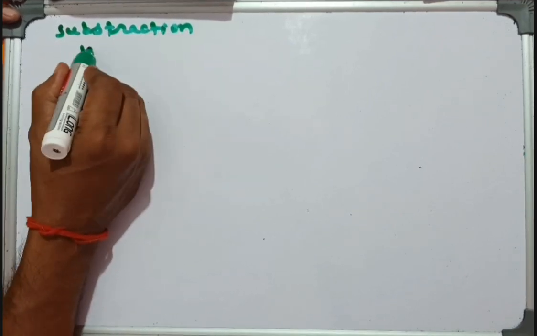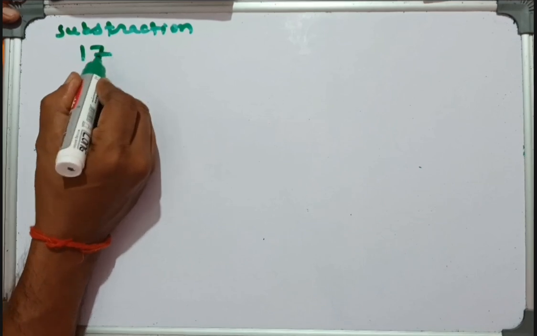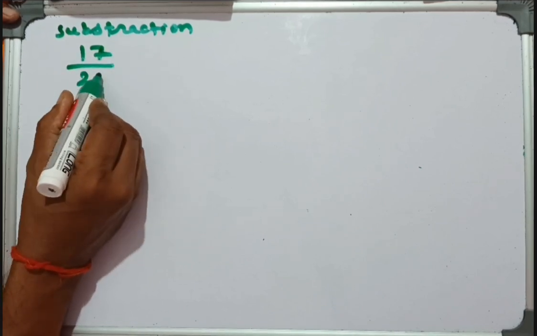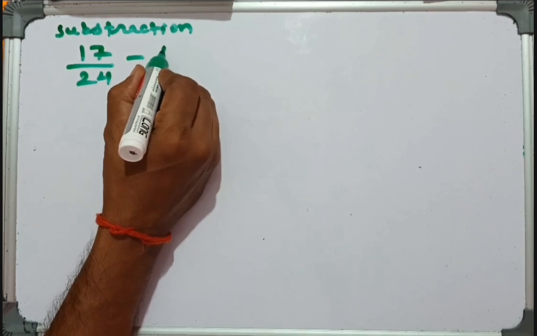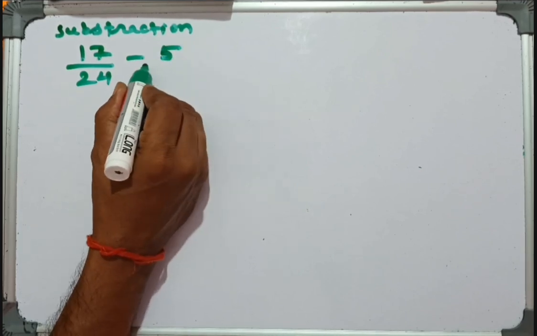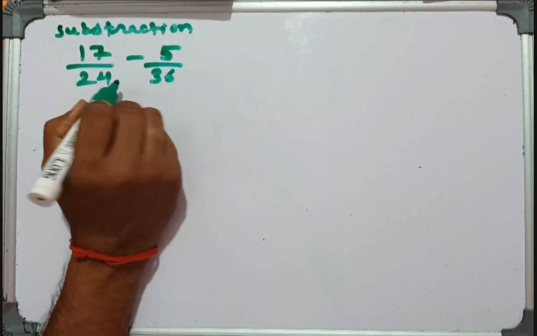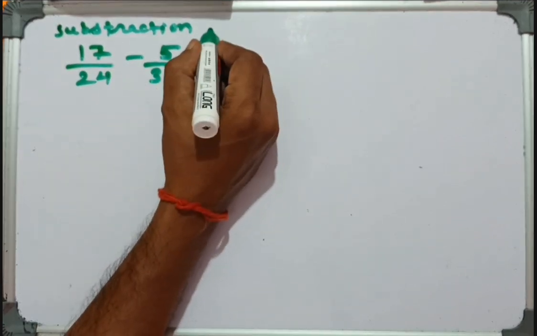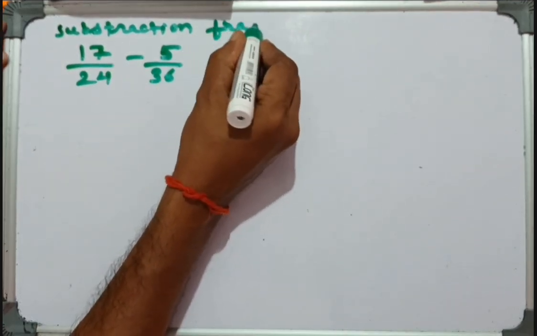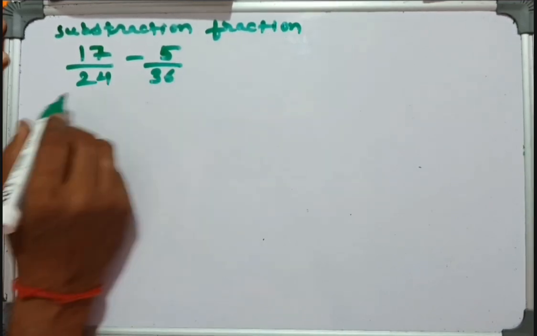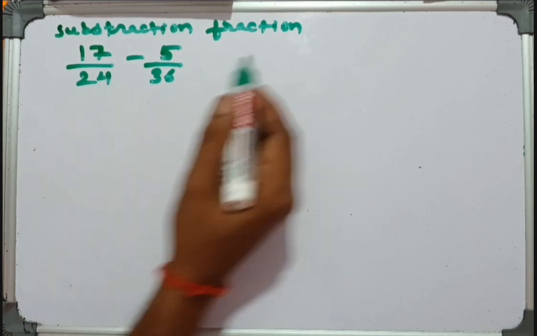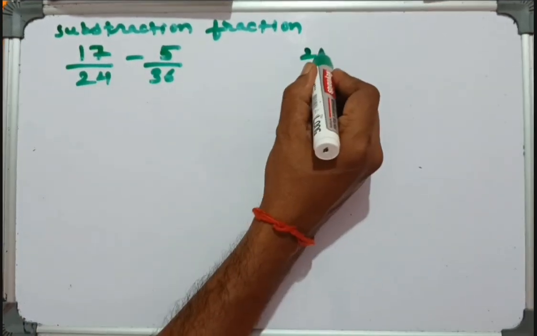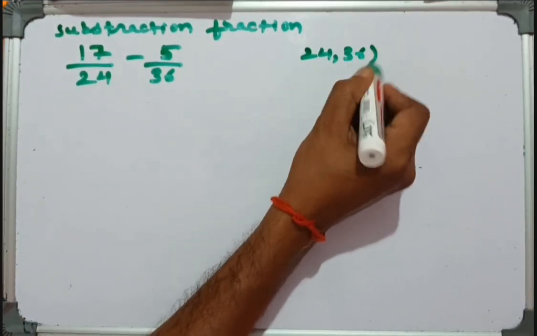Now next we will see an example of subtraction. Now suppose you have a number 17 by 24 and you have another number 5 by 36. So you have to solve this one. How could you solve it? First you have to find the LCM of 24 and 36.